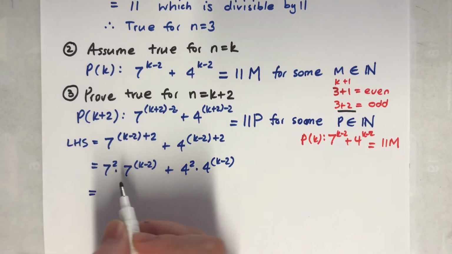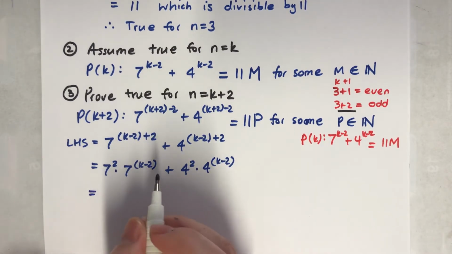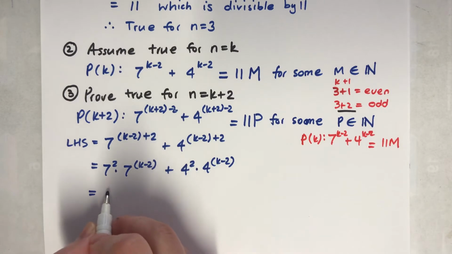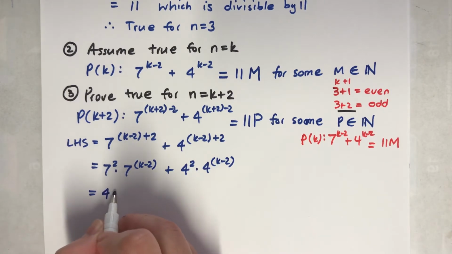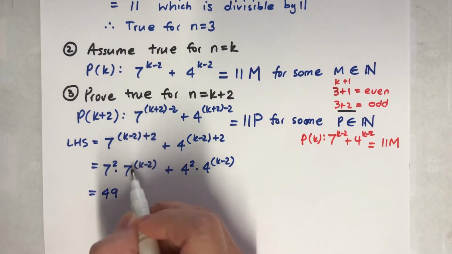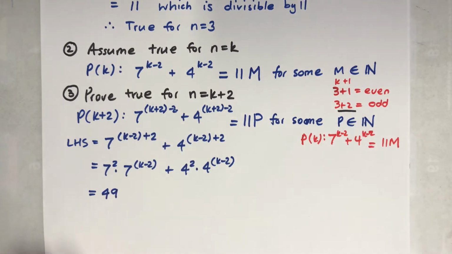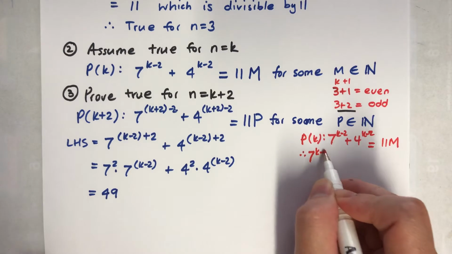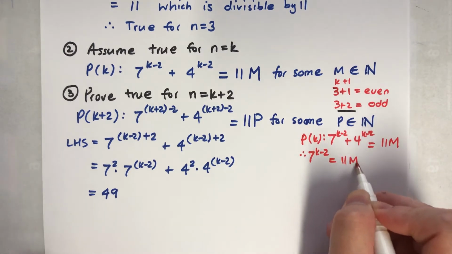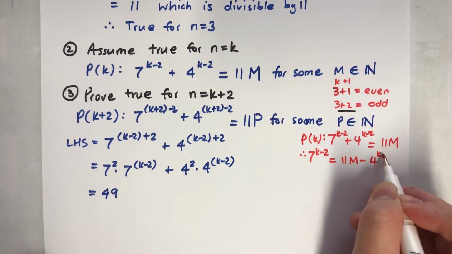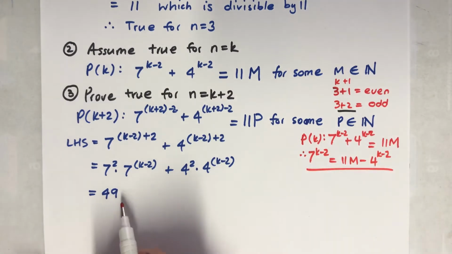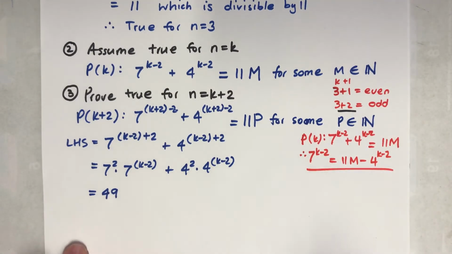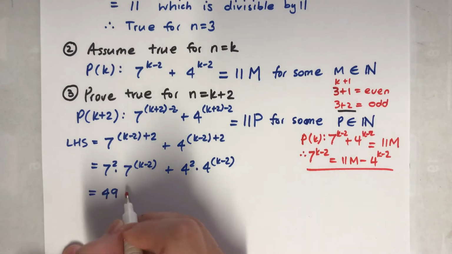Now, that gives me 49, and that, I can replace in terms of 7 to the power of k minus 2, which is 11m minus 4 to the power of k minus 2. So maybe I can replace it here. Okay, so I'm going to do that now.